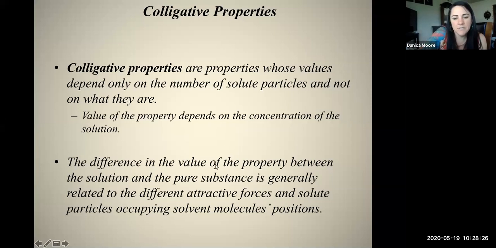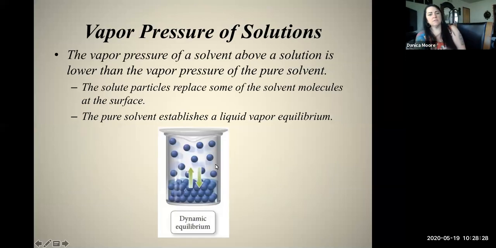So let's look at some examples of these properties. Vapor pressure is one of them. What we were talking about in chapter 10 was the vapor pressure of a liquid, so we were talking about pure substances. Now we're talking about the vapor pressure of solutions.